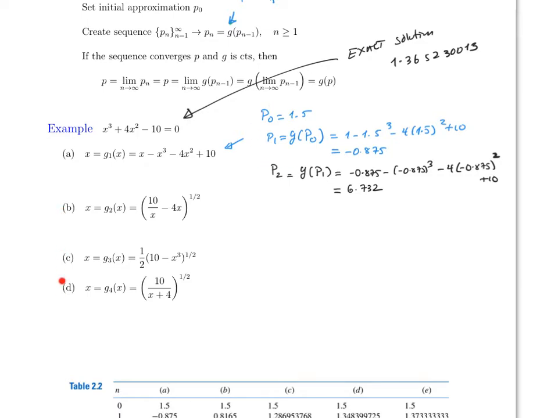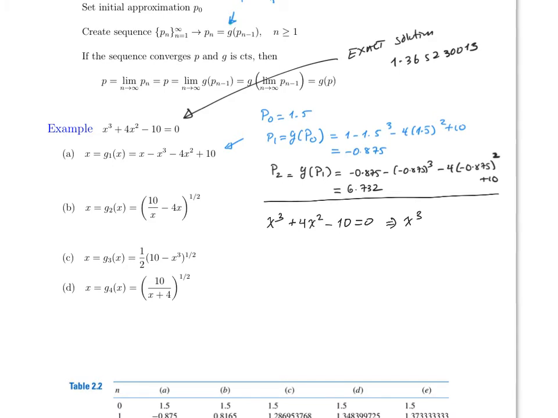using these functions. So for example, for this one, to get part B, you have x cubed plus 4x squared minus 10 equals 0, right? So technically you can do this. You just have to play with the algebra.